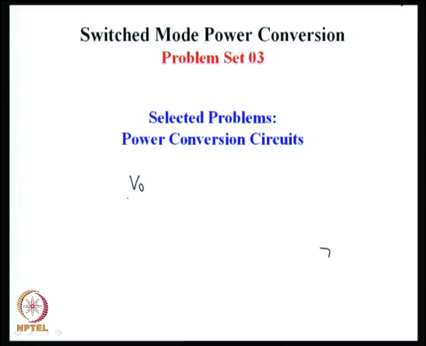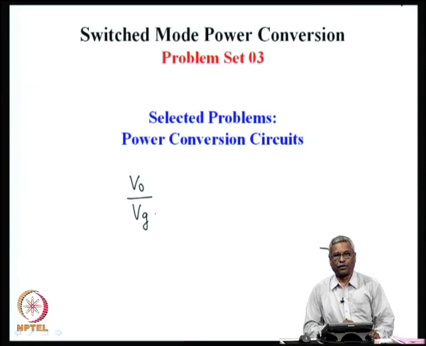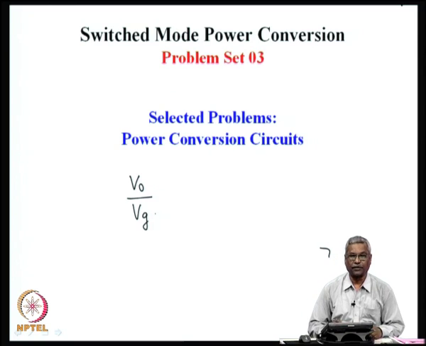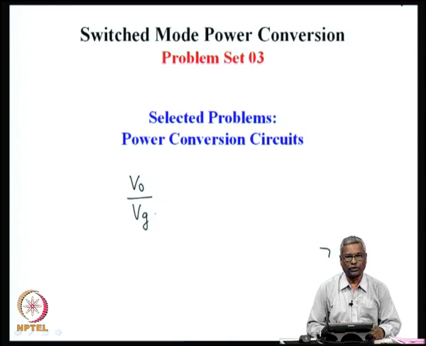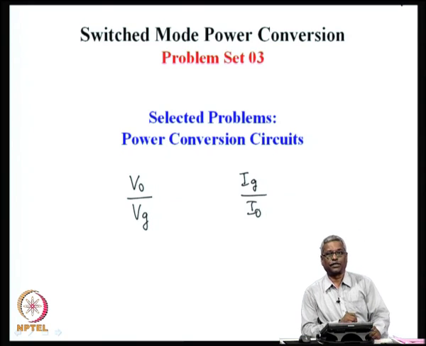Ig, the source current, divided by I naught, the output current. We said V naught by Vg is one of the important conversion factors in a power converter. It is called the forward voltage conversion ratio, and similarly Ig by I naught is called the inverse current conversion ratio.